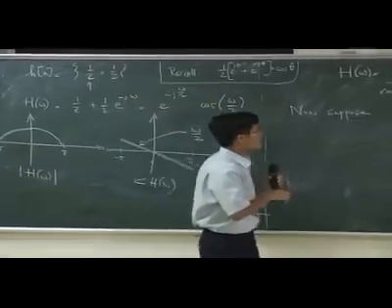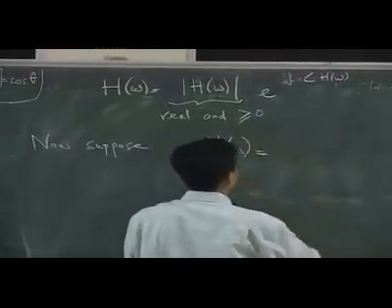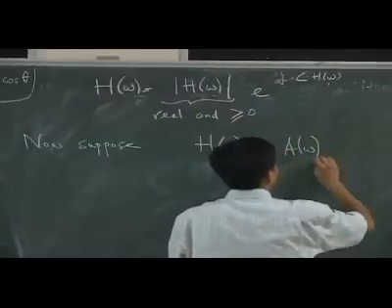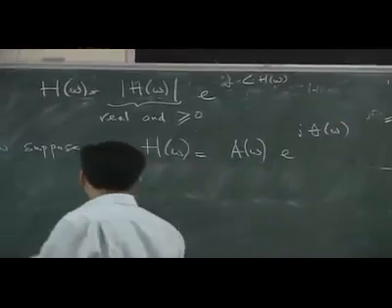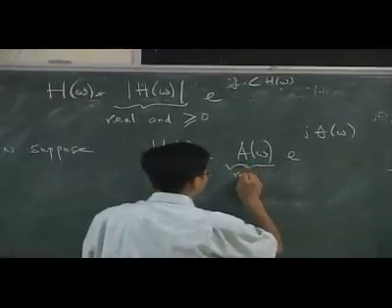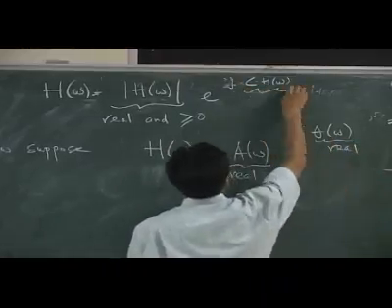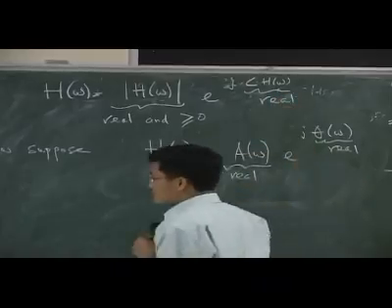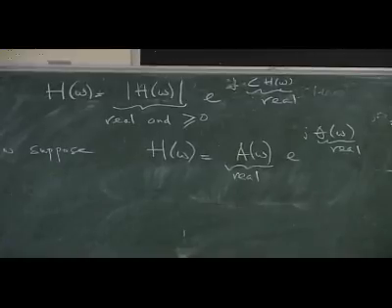So suppose, more generally, I have H of omega equal to A of omega times e to the j theta of omega. What I can have here is a real, and this thing here is real. But you see, I really cannot guarantee that, this time I'm lucky that this thing here is real and greater than or equal to 0.